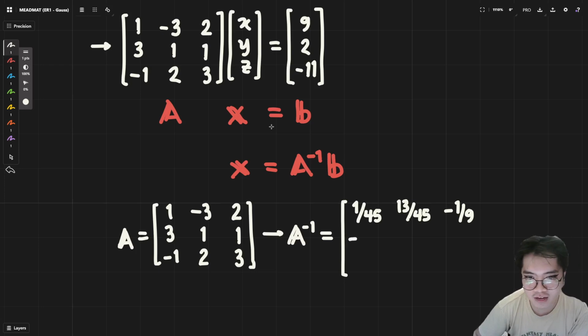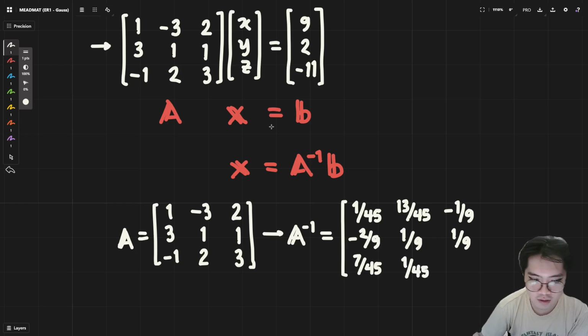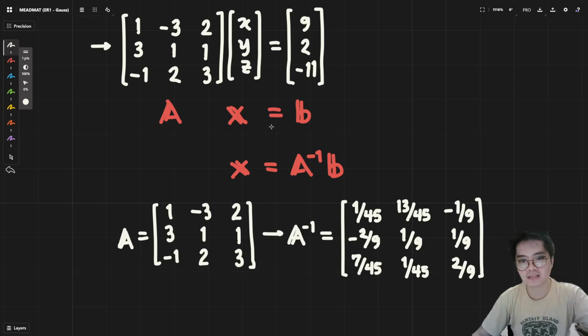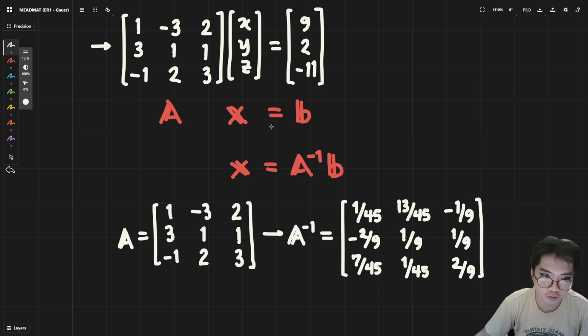Next, we will have -2/9. Next, we will have 1/9. Next, we will have 1/9 here as well. +7/45. We will have 1/45. And then we will have 2/9 here as well. Okay, so that is our inverse. So apparently our determinant is 45.